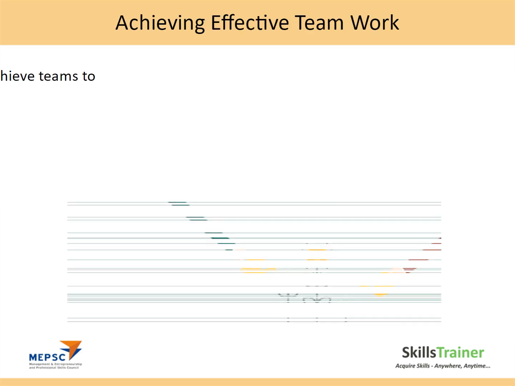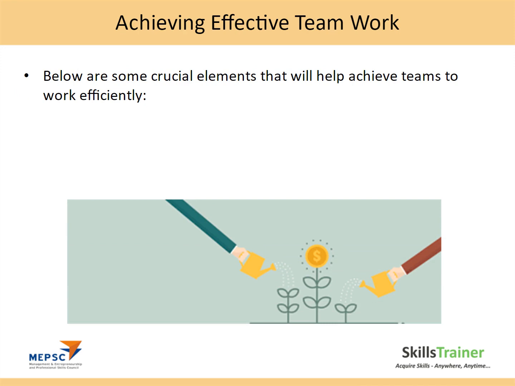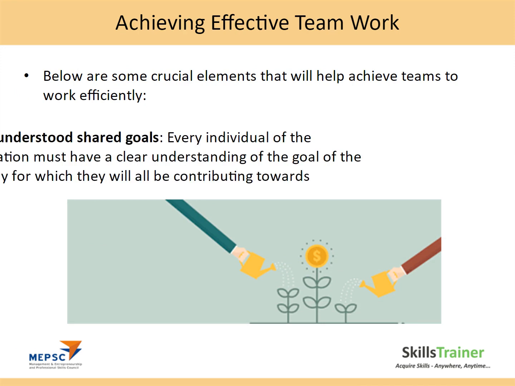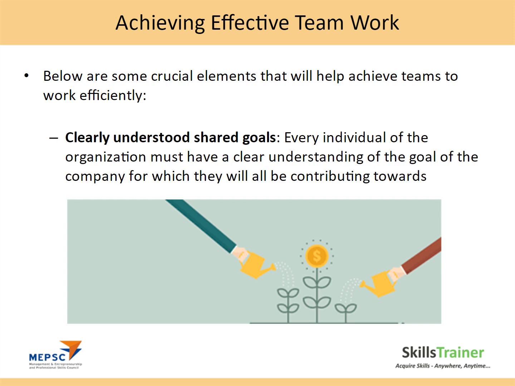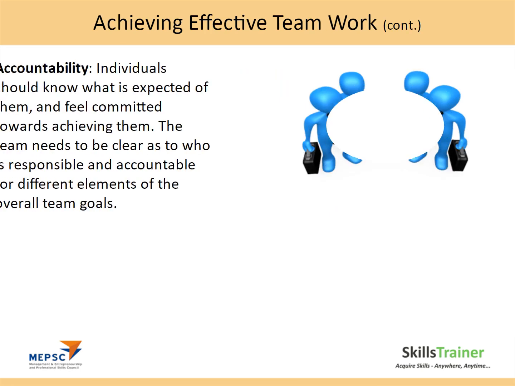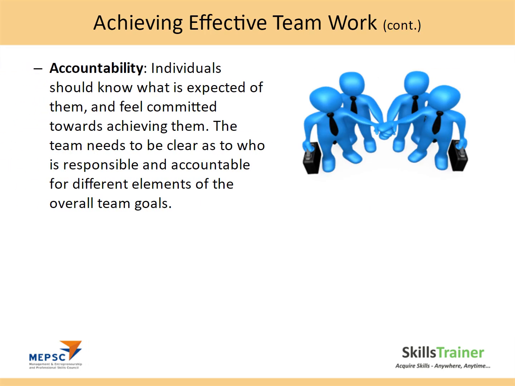Achieving effective teamwork. Below are some crucial elements that will help teams to work efficiently. Clearly understood shared goals. Every individual of the organization must have a clear understanding of the goal of the company for which they will all be contributing towards. Accountability.